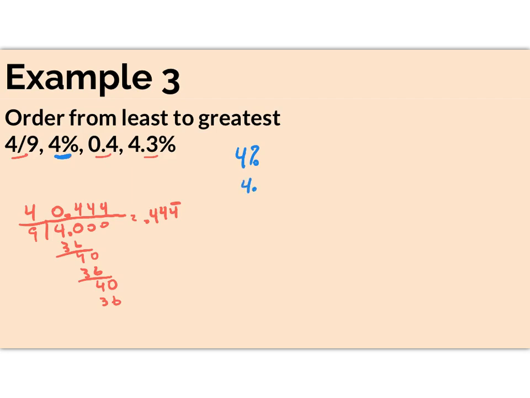So let's take 4.0 divided by 100, and you move the decimal 2 spots to the left, putting a 0 on the front. So we get 0.040. Okay, because we're extending it out to the thousandths. And why do we do that? So we can compare all three equally.